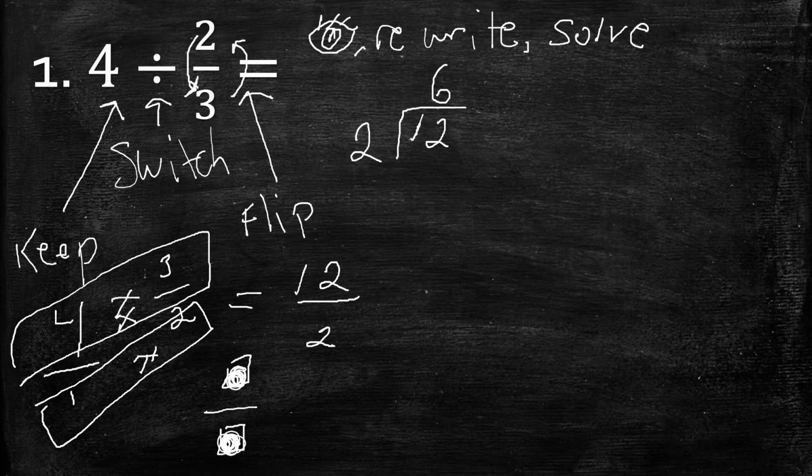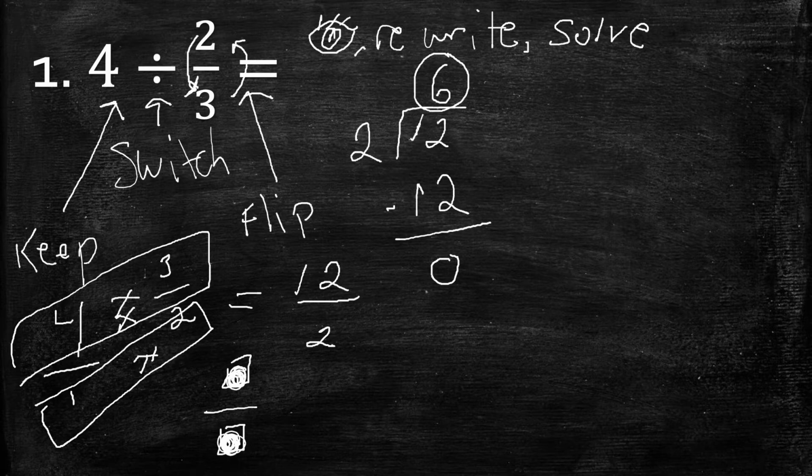We'll just erase that and we can go back in. 2 times 6 is 12. Now I can solve it. 12 minus 12 is going to be 0, so my answer is going to be 6. This is all that we do to do the standard math, our standard equations.